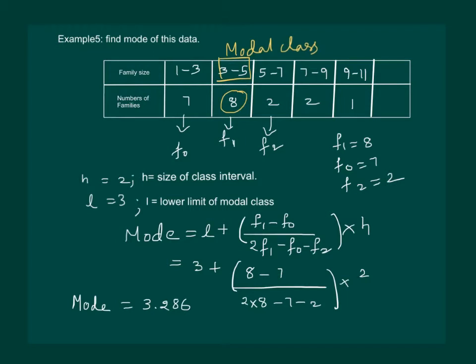Hence, we sum up by saying that to find the mode of grouped data, we need to understand the notations and remember the formula which will give us the mode.